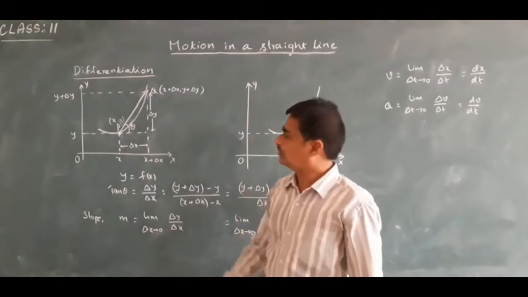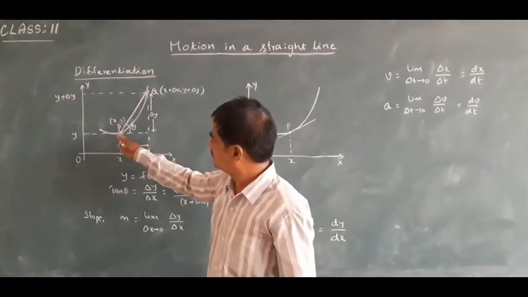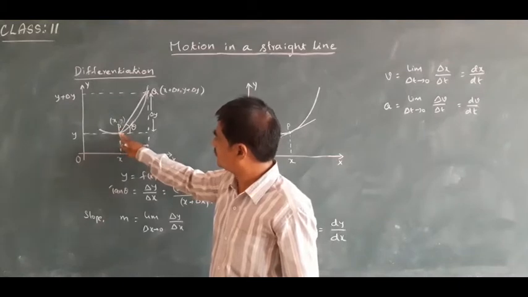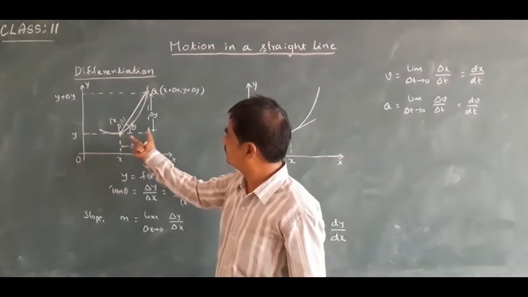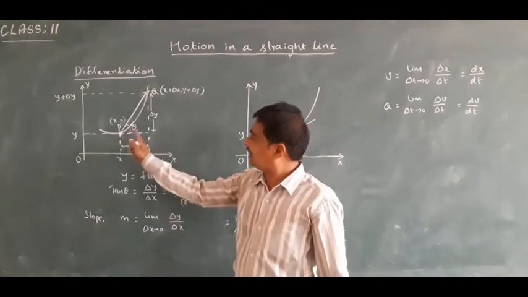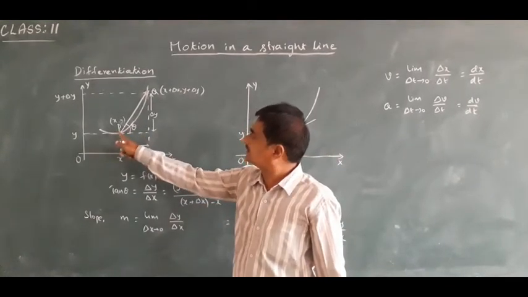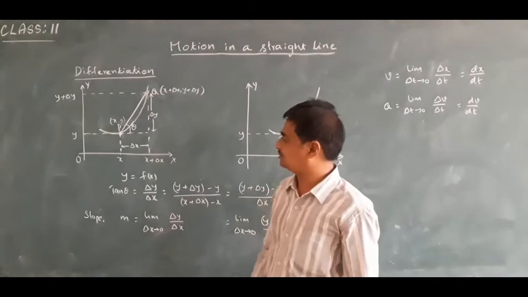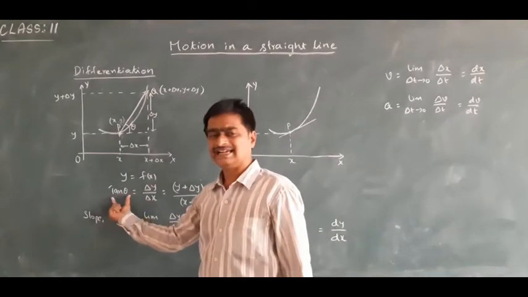Now we are concerned with the change of the function at point P. To understand that, we take a point away from this P. Then, if you calculate the value, generally we write that as tan theta.